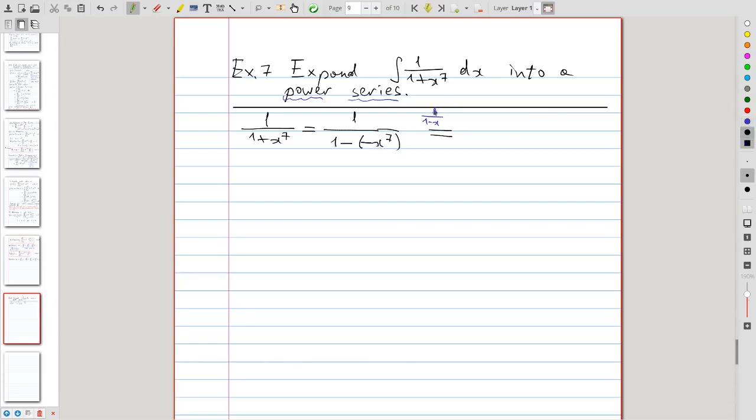And so since we know how to produce a power series expansion for this function, we write that down.